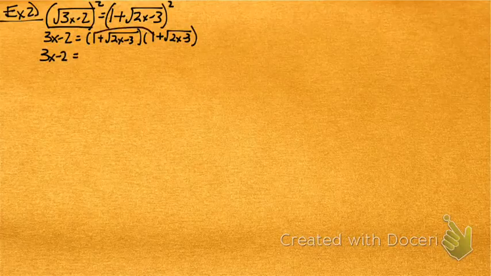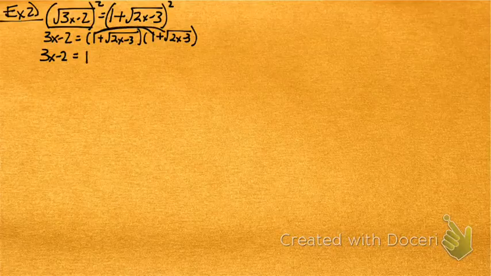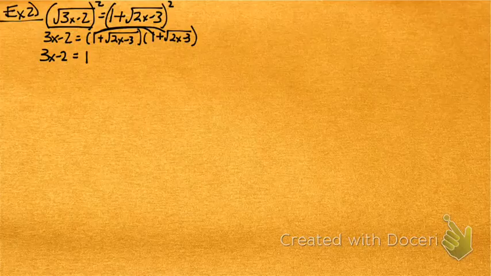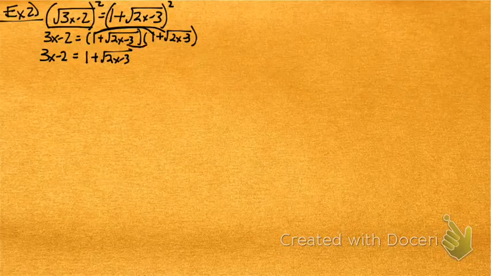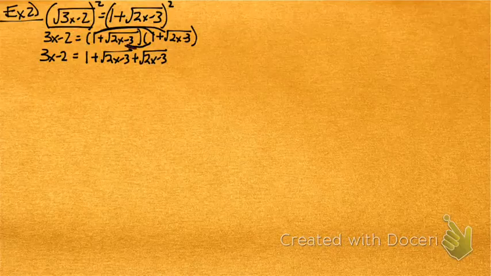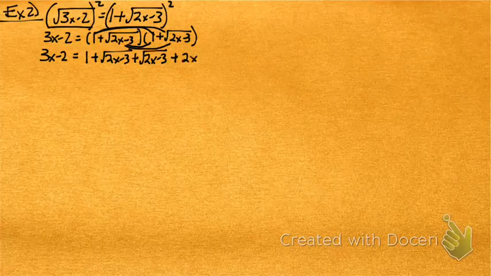But when I multiply this side, 1 times 1 becomes 1. Then I'm going to have 1 times the square root of 2x minus 3. So that's going to be just the square root of 2x minus 3. If you multiply the square root of 2x minus 3 times 1, you get another positive square root of 2x minus 3. Then the square root of 2x minus 3 times the square root of 2x minus 3 really is just going to be positive 2x minus 3.